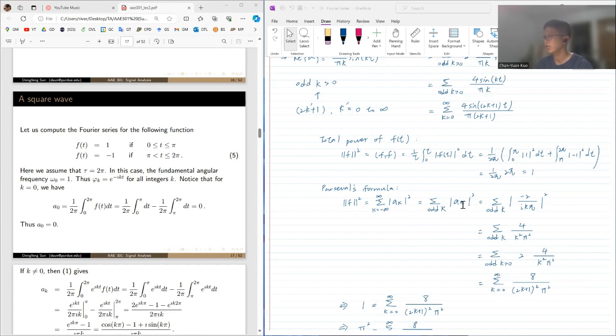Next, we substitute the value of ak into this expression. We will get -2 over ik pi, and we look at the square of the absolute value of this complex number, and we will get 4 over k squared times pi squared. And here the summation is over all the odd cases.